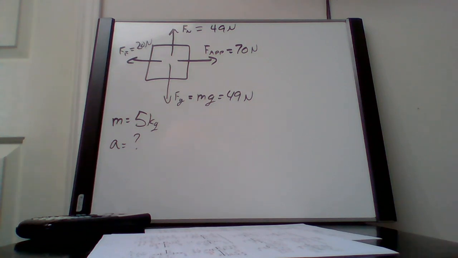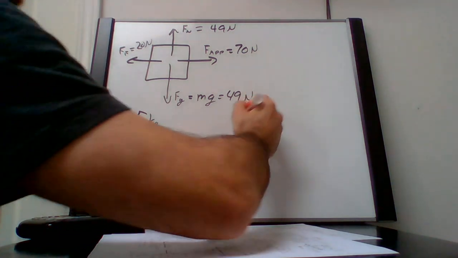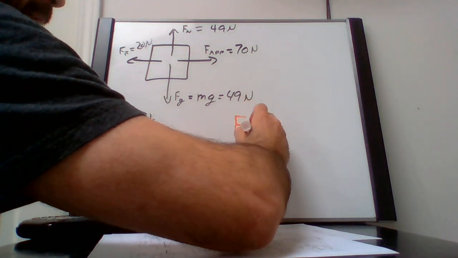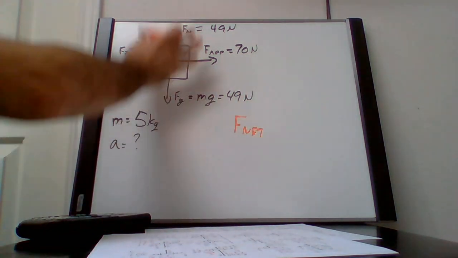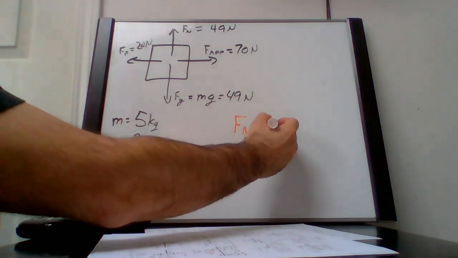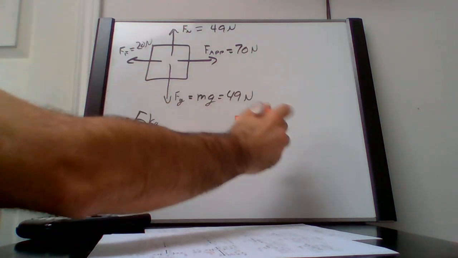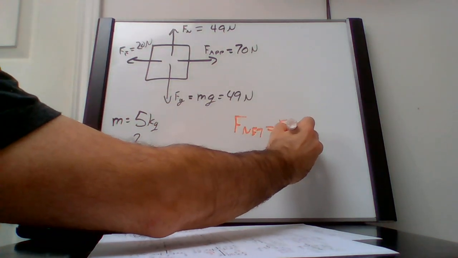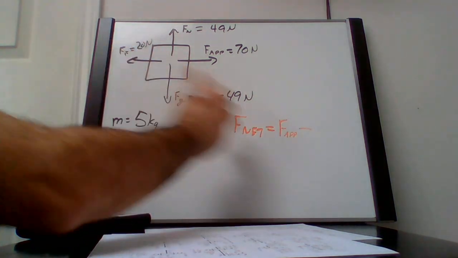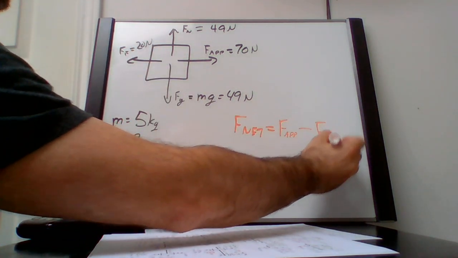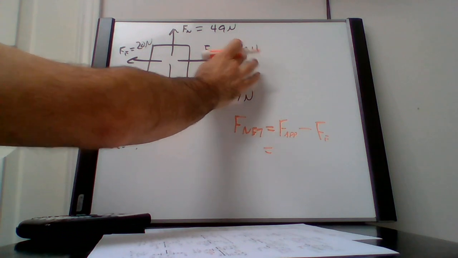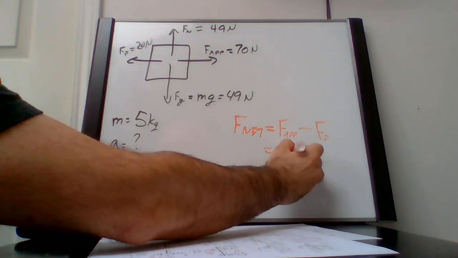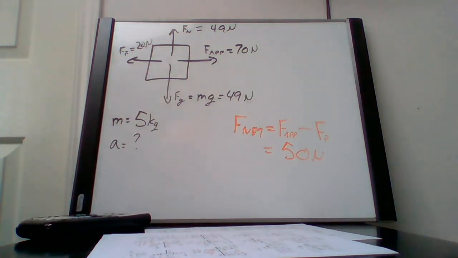Then we want to look at our F net. This object is not moving in the vertical, it's moving in the horizontal. So we have our winning force, the F applied, minus the loser, the force of friction. And that gives us 70 minus 20, or a force of 50 newtons.